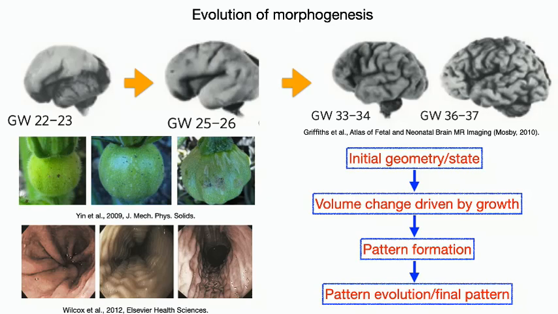Such a process is actually very similar to a very classical engineering problem. We call it the Euler instability or Euler buckling. So, for instance, if I have a very thin paper, when I compress it, it can bend very easily.